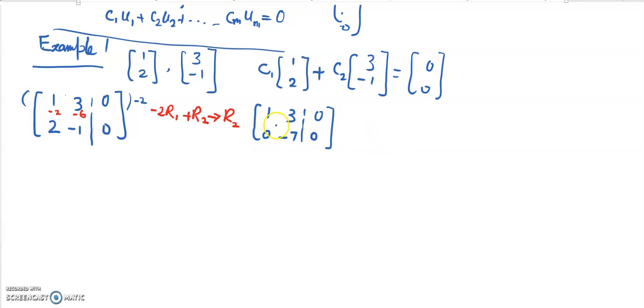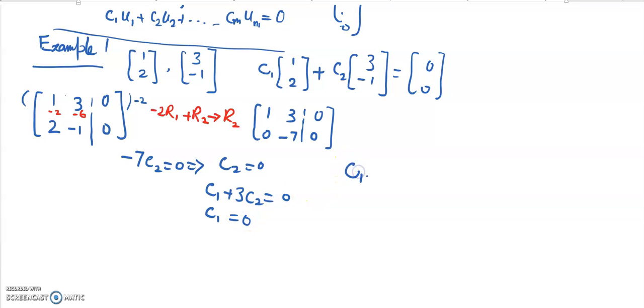Now this system is in echelon form, so from here we find that -7 c2 is equal to 0, so c2 is equal to 0. From the first equation, c1 plus 3 c2 is equal to 0. Since c2 is equal to 0, c1 will also be equal to 0. So we found c1 is equal to c2 is equal to 0.